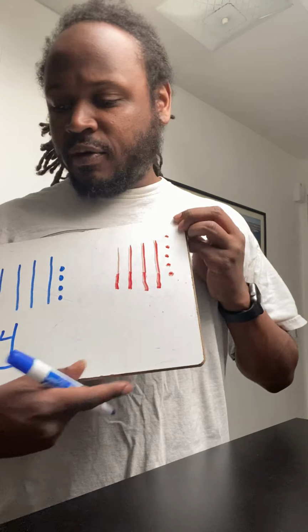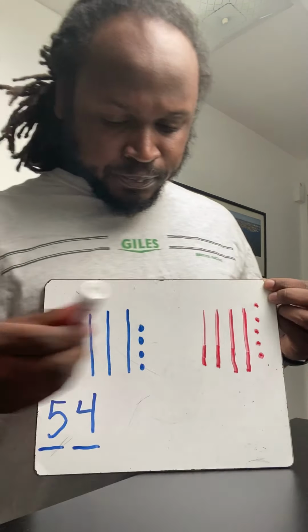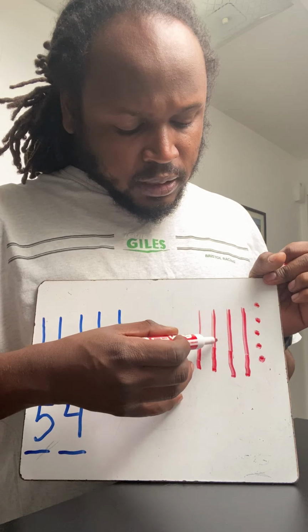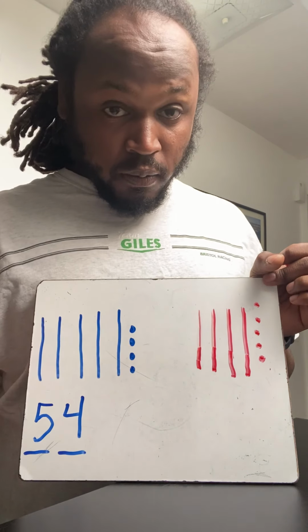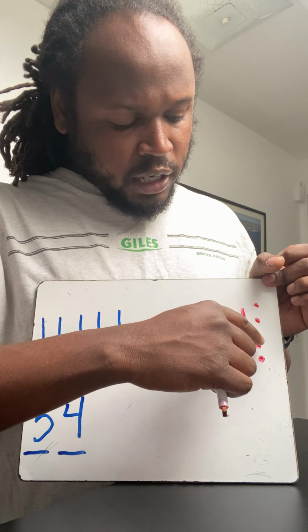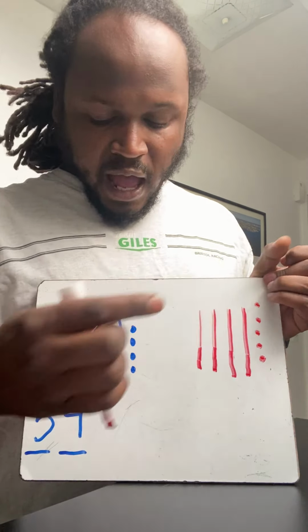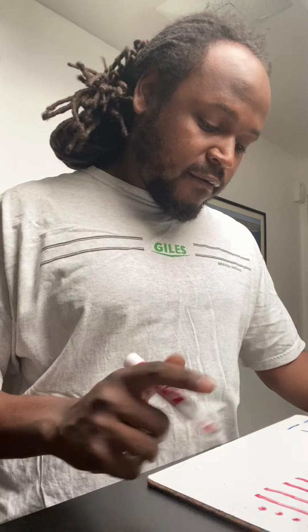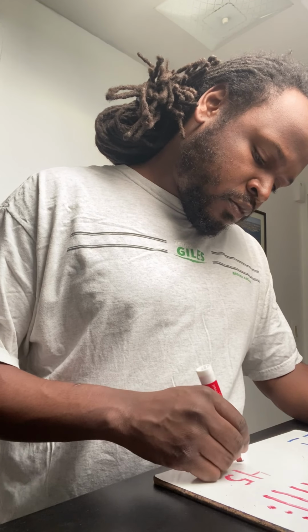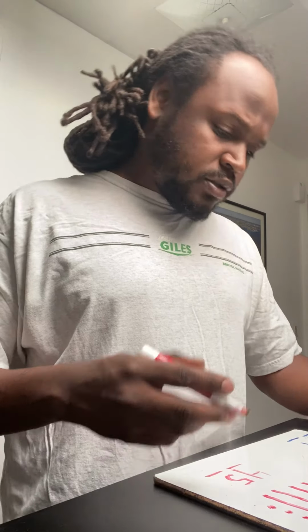Now let's count this number and compare them. Right here we have 10, 20, 30, 40, 41, 42, 43, 44, 45. Oh, right here we have 45, okay? 4 tens and 5 ones.